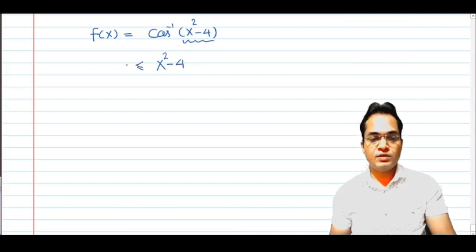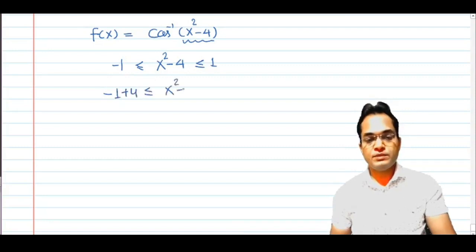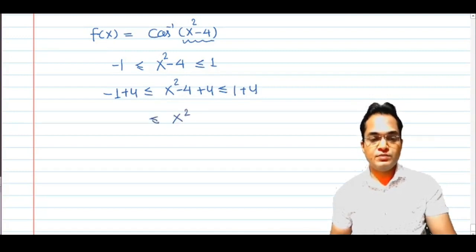Now write down here -1 to 1. And what is the basic nature of the inequality? You have to add +4 on this whole inequality, means add +4 here, and +4 here, and then +4 here. Then what will happen? x square becomes 3 to 5.